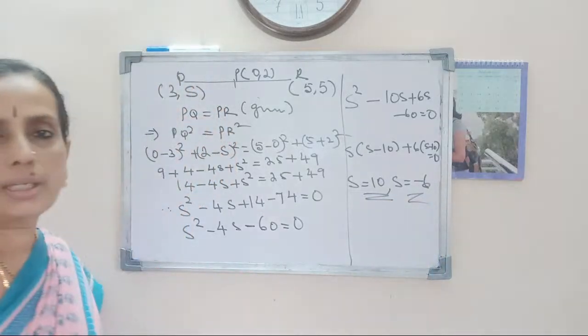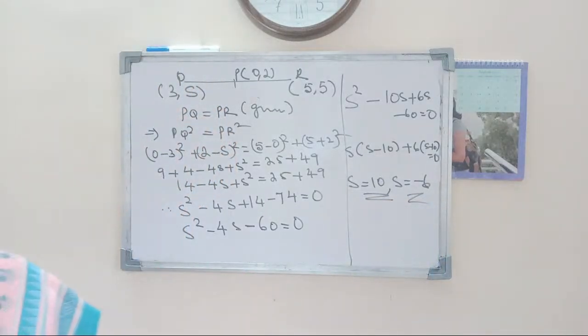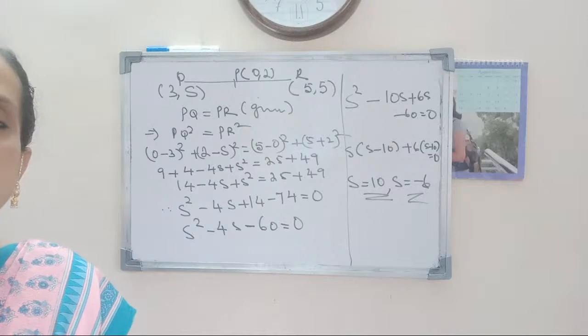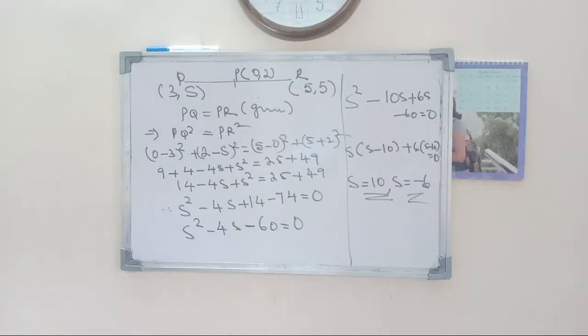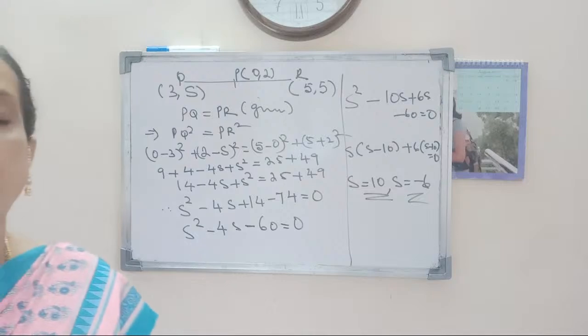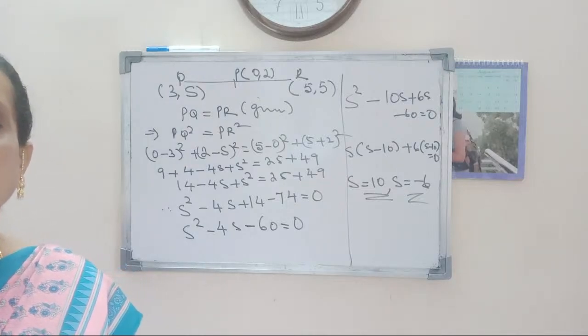Both will satisfy. You can easily check by keeping the values of s and checking whether they are equidistant from the point P (0, 2).